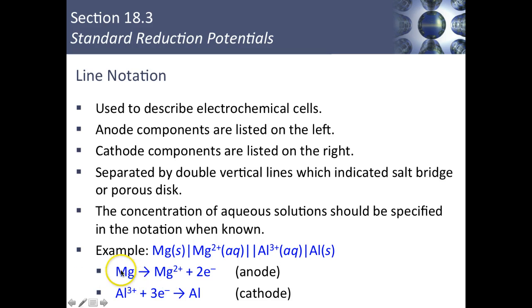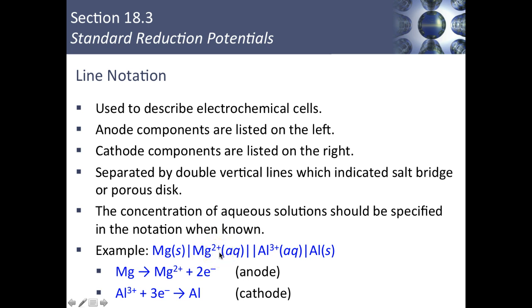We have magnesium being dropped into magnesium ion. That component is always on the left. So we go magnesium solid is our main electrode, one line. Then our solution is magnesium 2+.